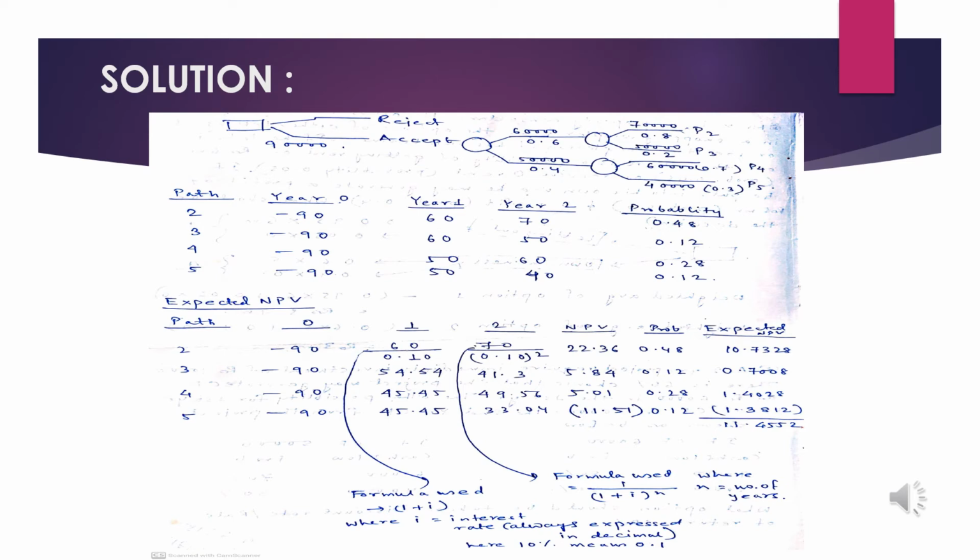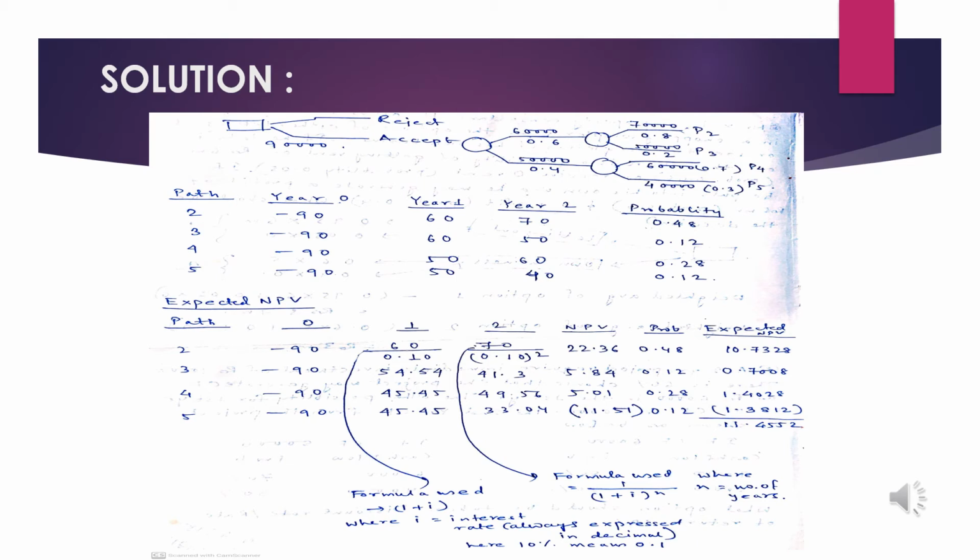The 50,000 node branches out into 60,000 and 40,000 with probabilities of 0.7 and 0.3. If we see carefully, I have written P2, P3, P4 and P5. Those are the paths we are talking about.